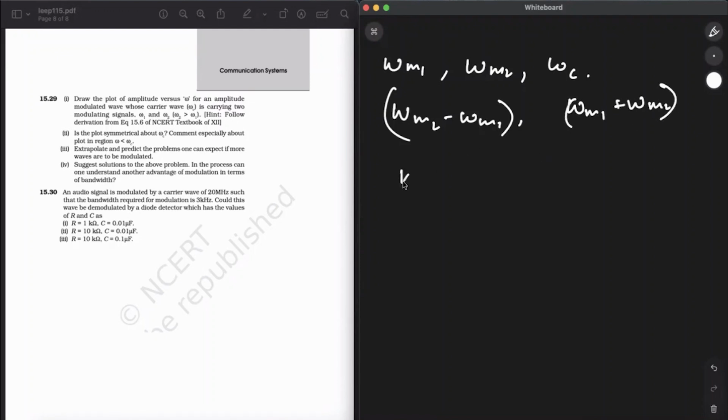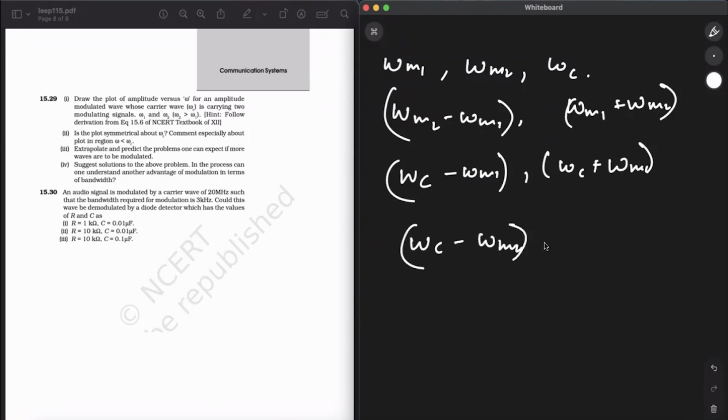Okay. Omega c minus omega m1. Omega c plus omega m1. Omega c minus omega m2. Omega c plus omega m2. So 1, 2, 3, 4, 5, 6, 7, 8, 9. 9 different frequencies are there.